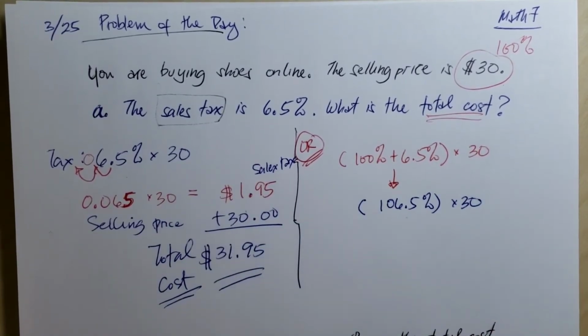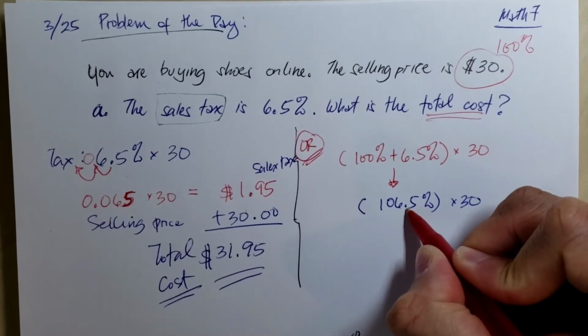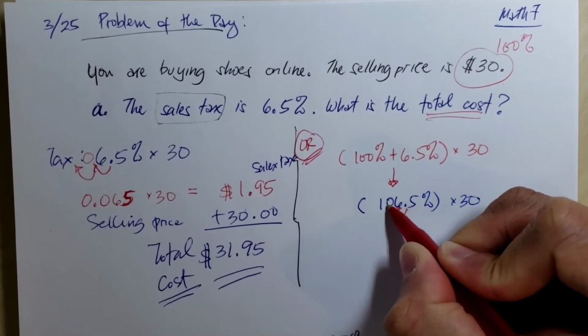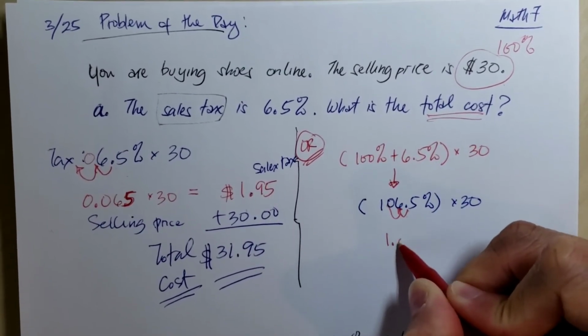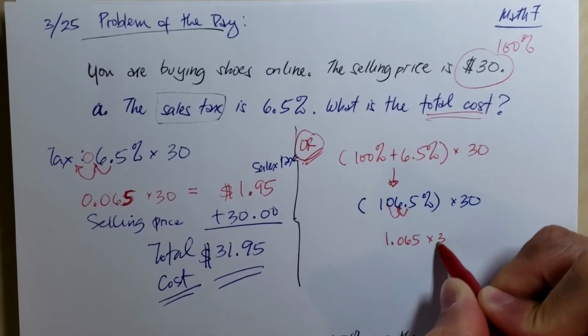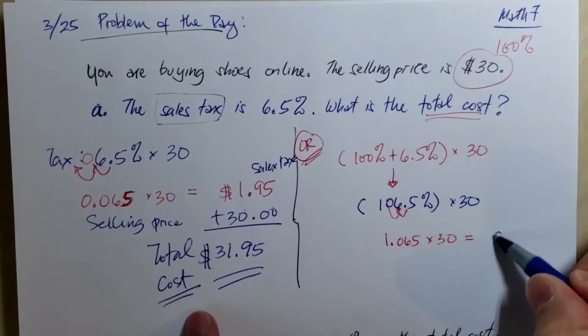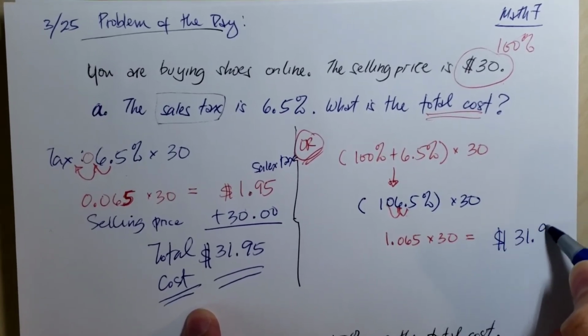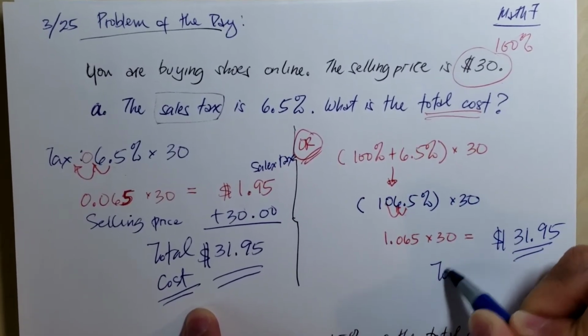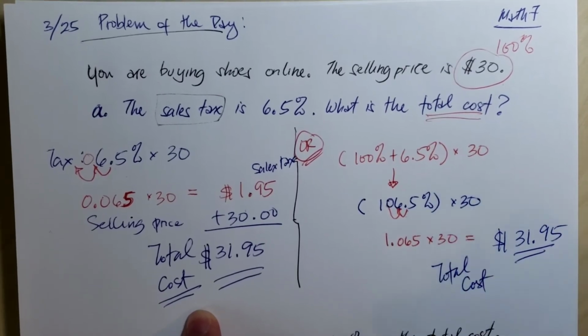If you change that to a decimal, you move it 2 units to the left or divide it by 100. 1.065 times 30. If you multiply that, you will get the same answer, which is 31.95. So this is the total cost.